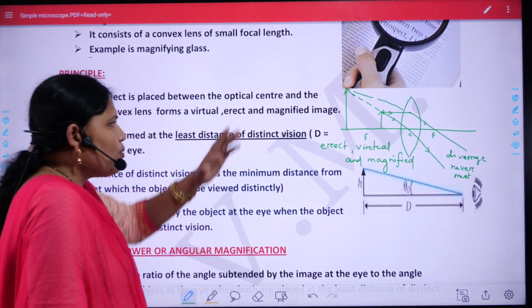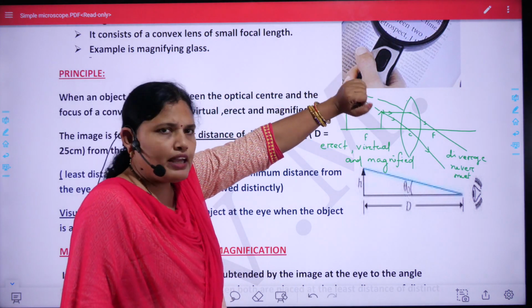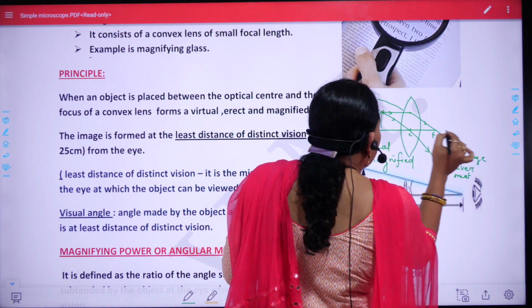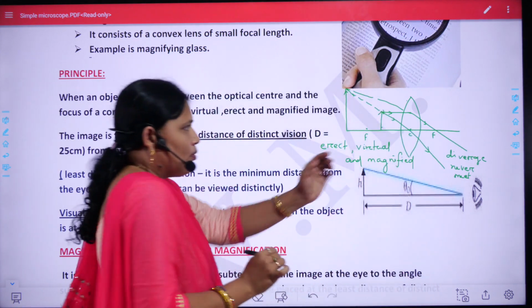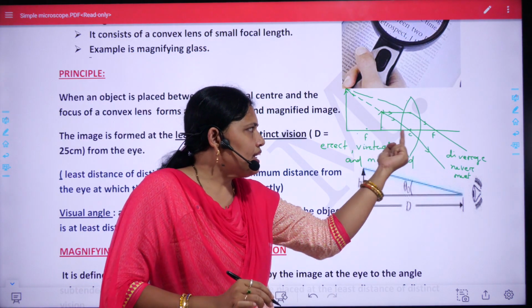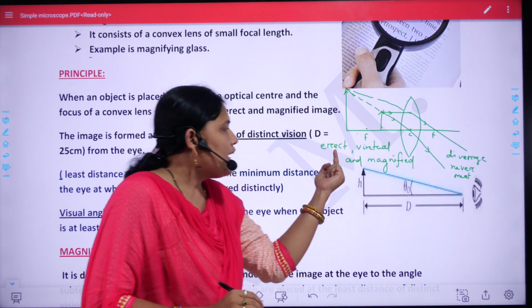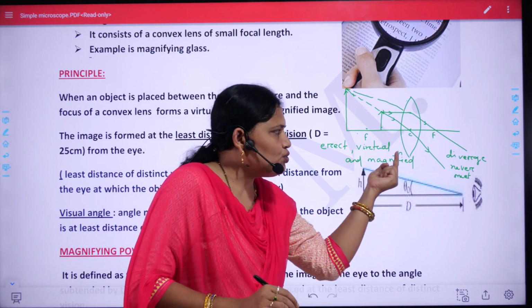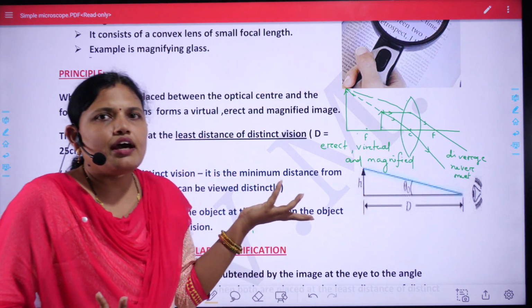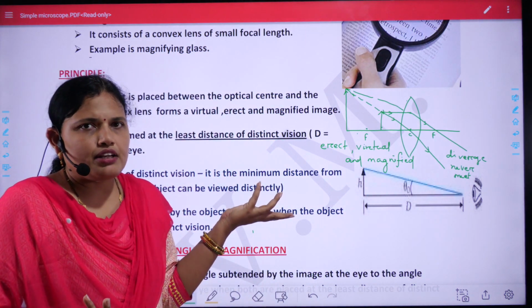This is the ray diagram of the simple microscope. So what is the principle? When an object is kept between the optical center and the principal focus, we get an erect, virtual, and magnified image of the object, and we are able to see it in magnified form.